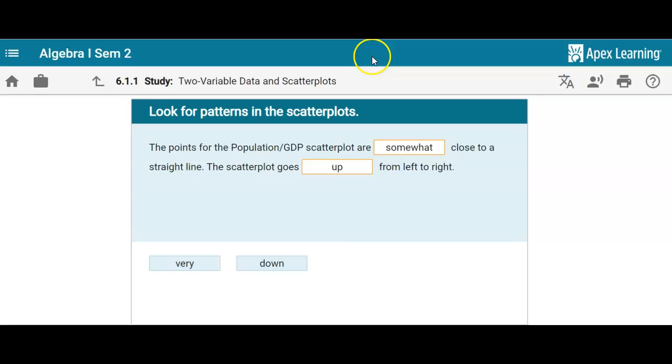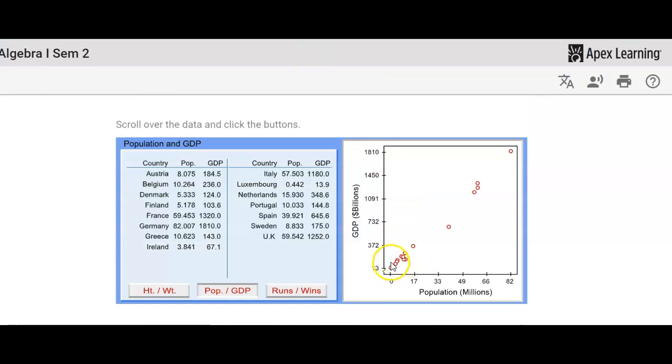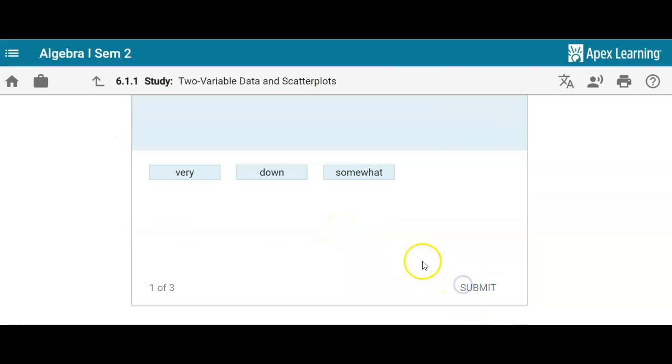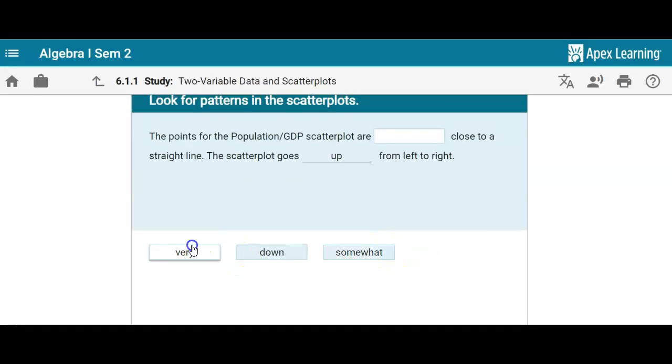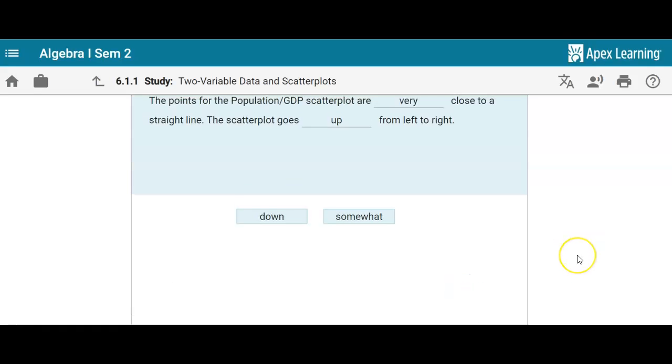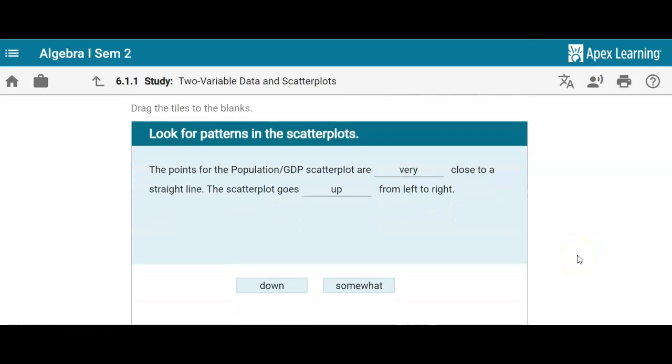So when I look at this scatter plot, they're somewhat close to a straight line. And when I look at it, as my x values go up, my y values are going up. Oops, sorry, this one is very close. And there we go. All right.